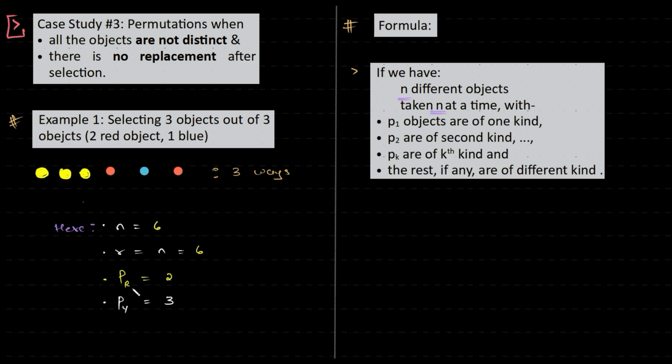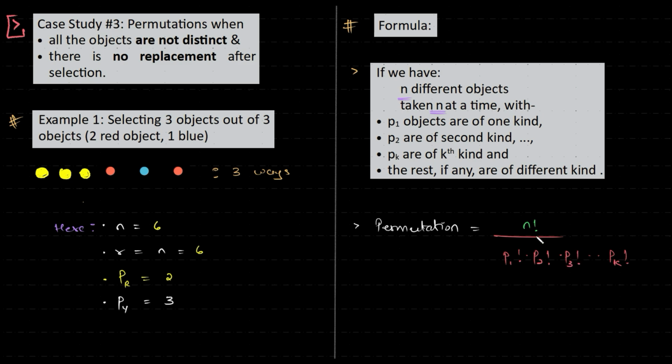So basically we are listing out the things which are of the same kind. So yellow objects are there, there are 3 of them. So similarly, we can have n number of it, not just 1, 2. We can have n of them. Okay, so it can handle all the possibilities. So in case of this, the permutation formula will look like this. We have n factorial divided by p1 factorial into p2 factorial into p3 factorial till pk factorial, not pn, pk factorial.